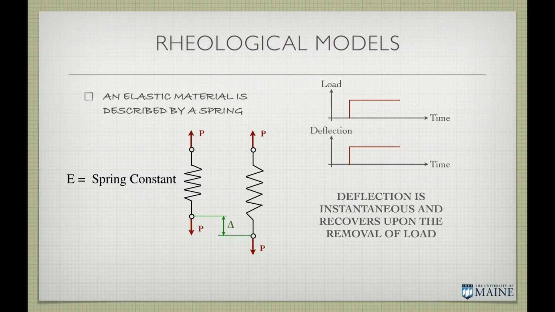And then if I remove the load, the deflection will go away. So for a spring element, deflection is instantaneous and recovers when we remove the load. It just tracks it. So we're comfortable with that. That's what we're used to.